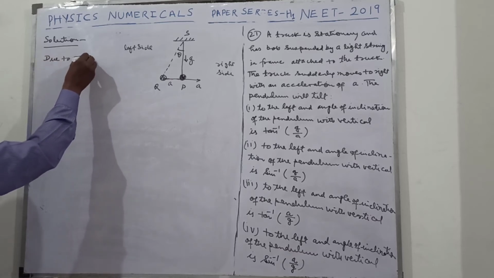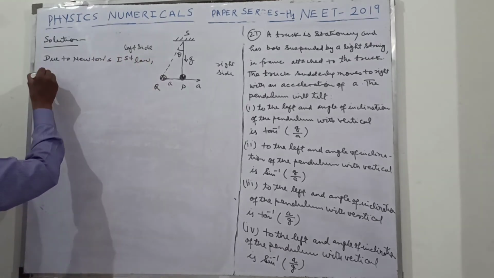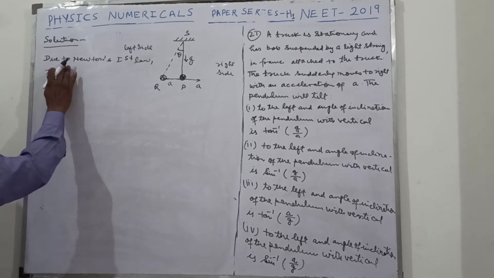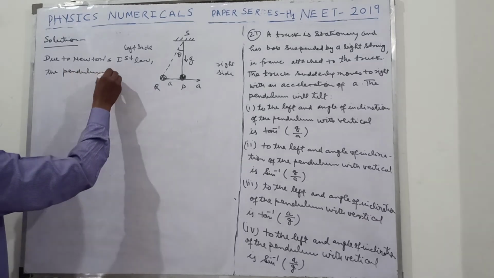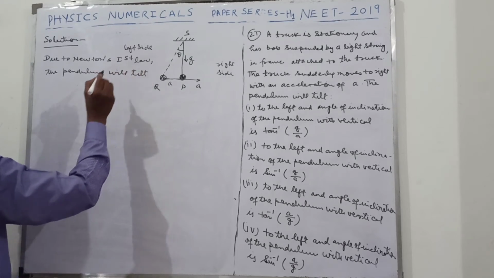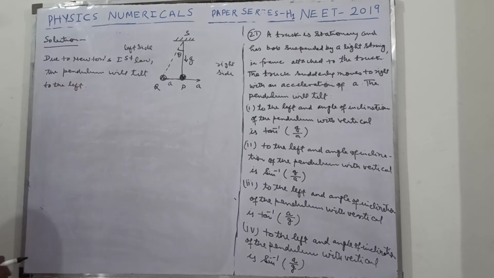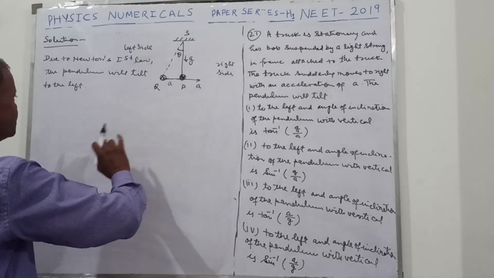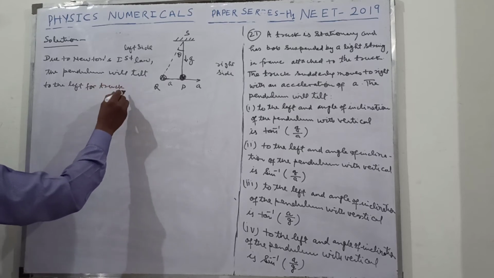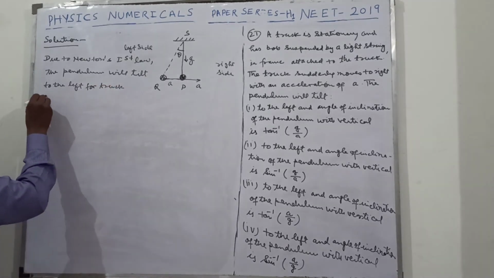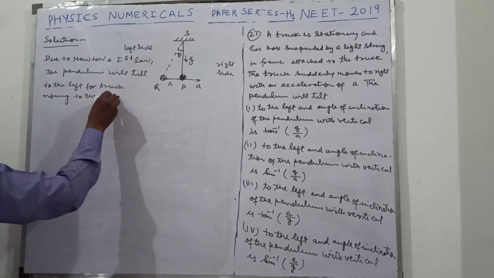Due to Newton's first law, the bob, the pendulum will tilt to the left, because the truck is moving towards the right.